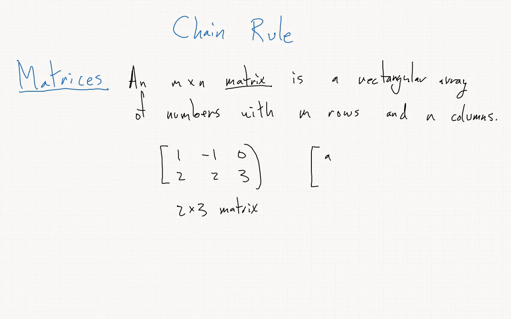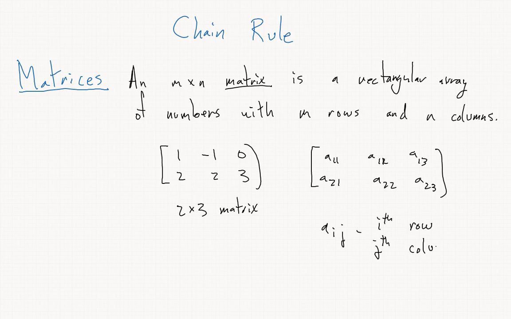And we sometimes write the entries of a matrix like this: A1,3, A2,1, A2,2, A2,3. So Aij means the ith row and the jth column.